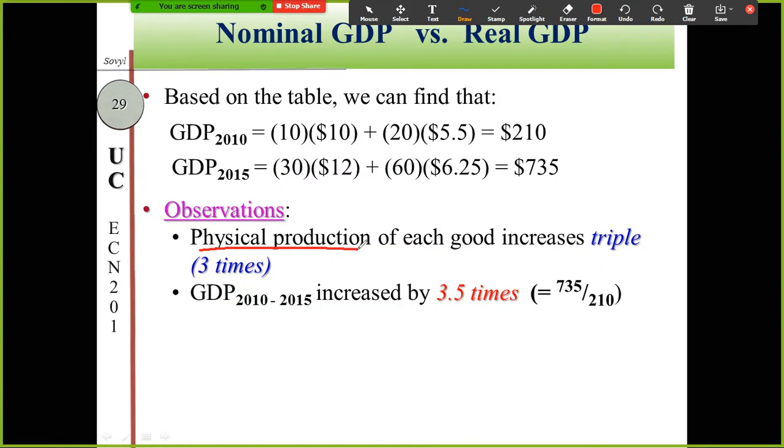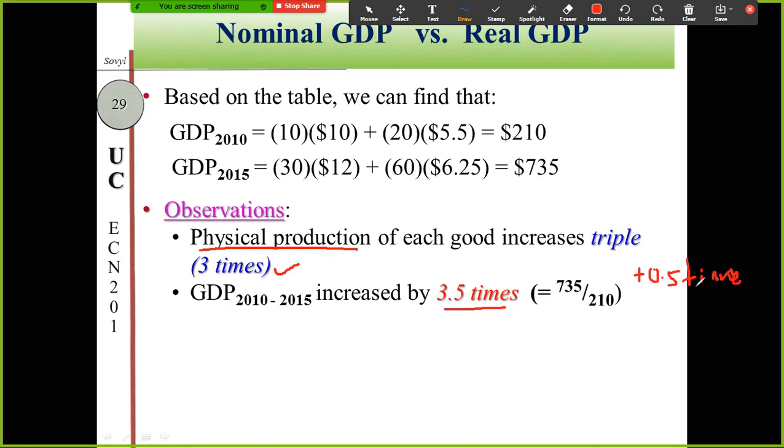The physical production, or the activities of producing, increased only 3 times, but when we look at the market value, it increased not by 3 times, but 3.5 times. Why? Half a time different.